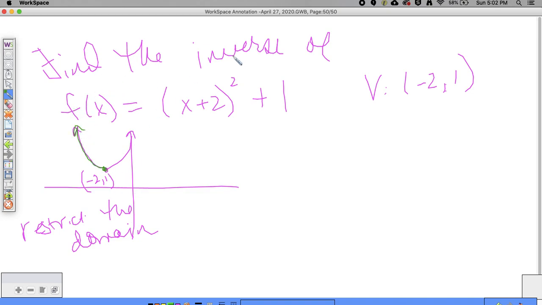So when I say find the inverse of f of x, I'm going to write my domain restriction where x is less than or equal to negative 2, because that's where the vertex is. When you restrict your domain for parabolas, it always makes sense to restrict the domain at the vertex. Less than or equal to negative 2.